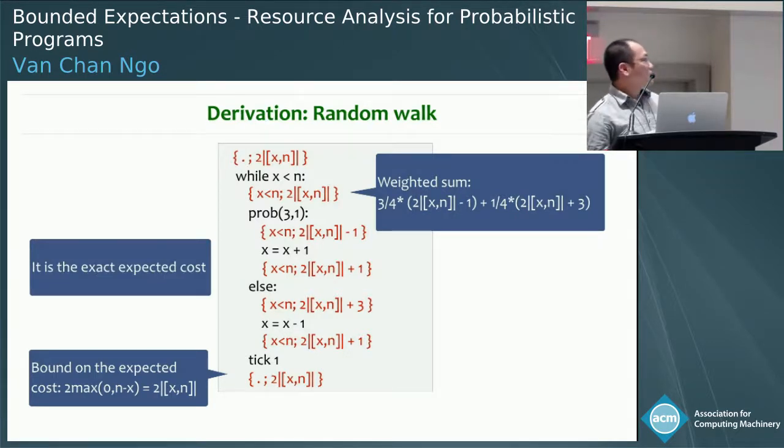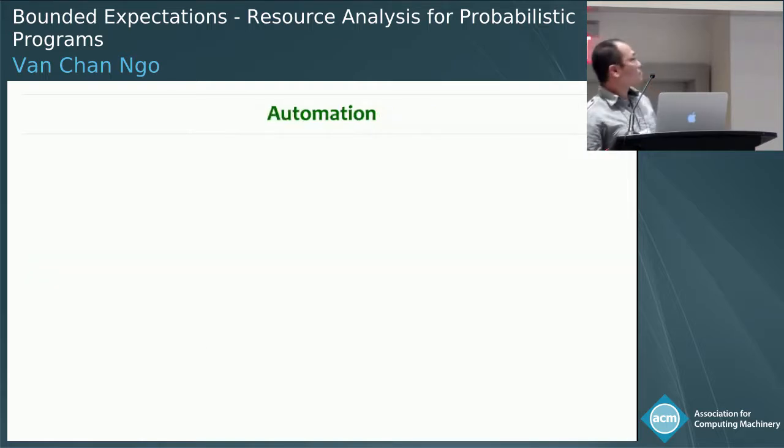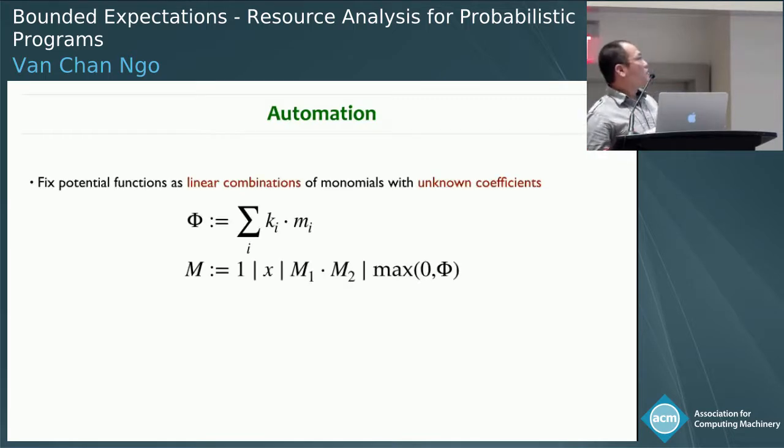Also, this number should be the exact expected cost of the random walk program. Note that it is again homework, you can prove that. In order to automate the annotation above, we do the following steps. First, we fix the potential function as a linear combination of polynomial monomials, in which a monomial can be the constant function 1, a variable, the product of two monomials M1, M2, or the max operation here.